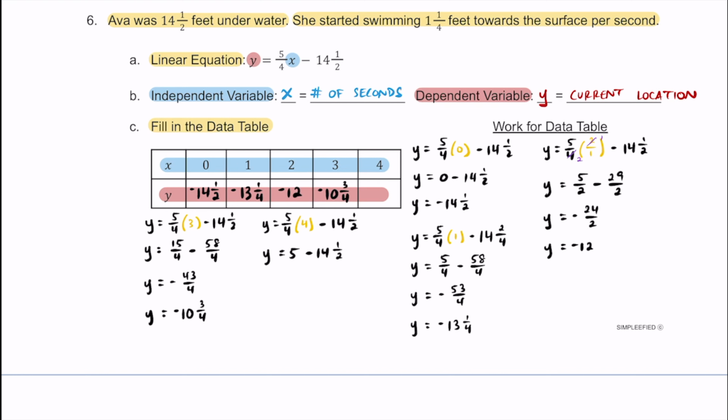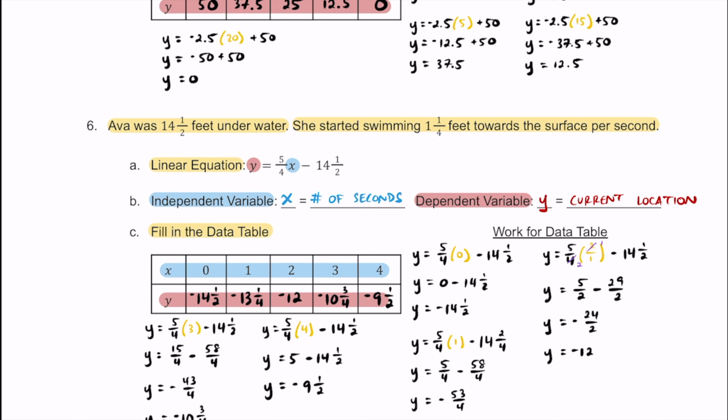So what's 5 minus 14.5? Well, it's the same thing as 14.5 minus 5, just make it negative. And so that's going to be negative 9 and 1/2. So at 4 seconds, Ava is the closest to the surface out of all the given times here, but she's still 9.5 feet underwater.